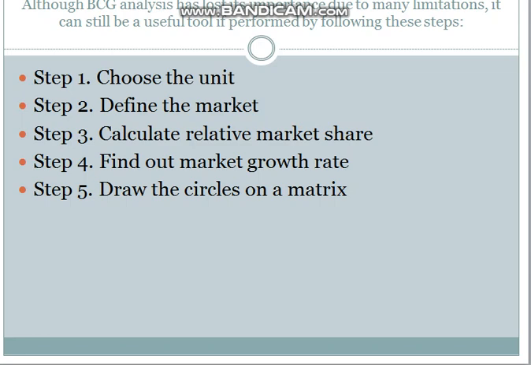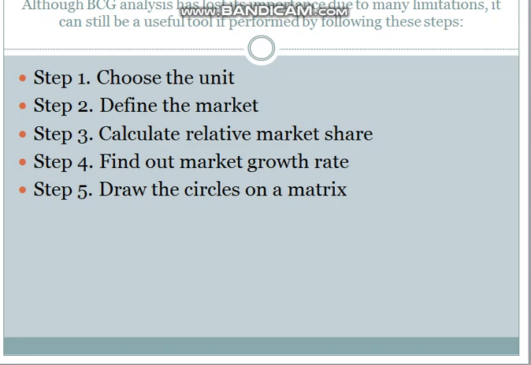And the fourth step is find out the market growth rate. The industry growth rate can be found in industry reports, which are usually available online for free. It can be calculated by looking at the average revenue growth of the leading industry. Market growth rate is measured in percentage terms.